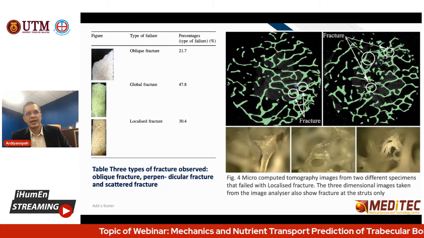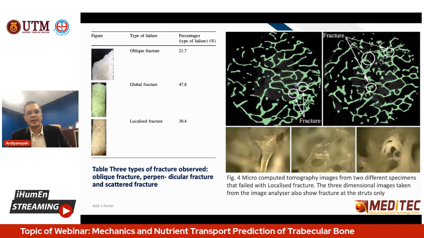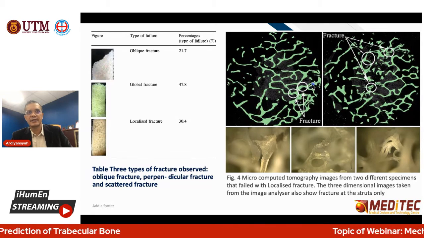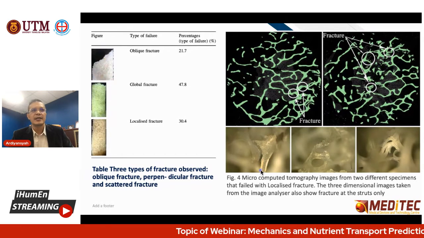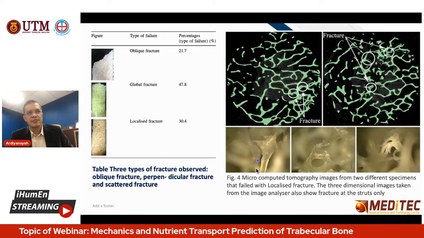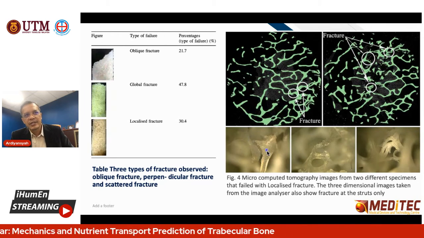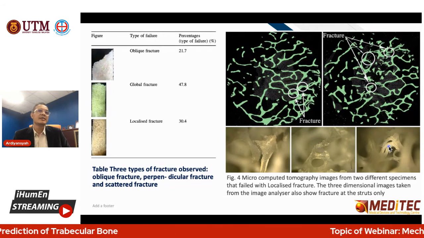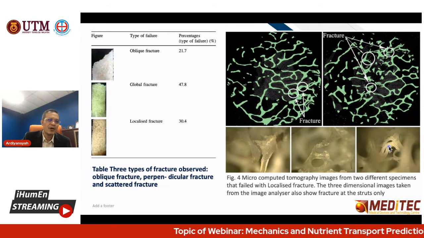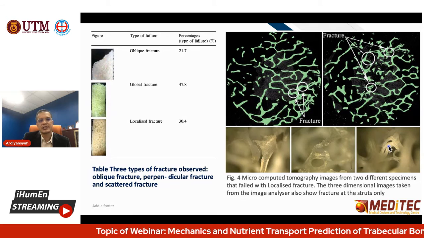Actually the trabecular bone has failed, but it looks okay. Inside, there is a lot of fracture. You can also check with the image analyzer. When you focus, you can see there is a fracture on the trabecular bone structure. That's why the strength of the cancellous bone fails.